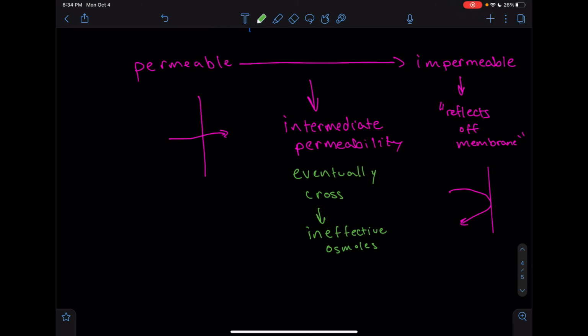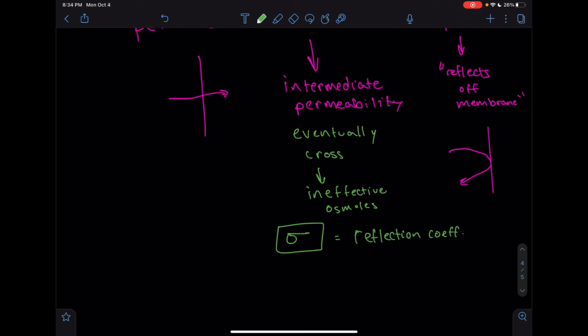If we were to come up with a way to numerically discuss all of these different types of solutes, we'd use this term called sigma. Sigma is the reflection coefficient.